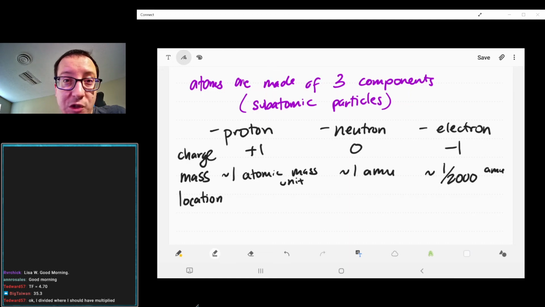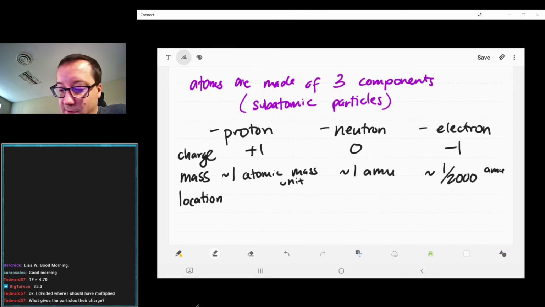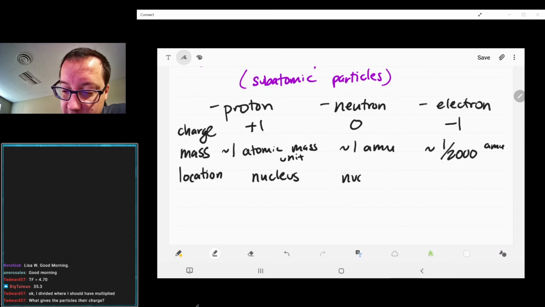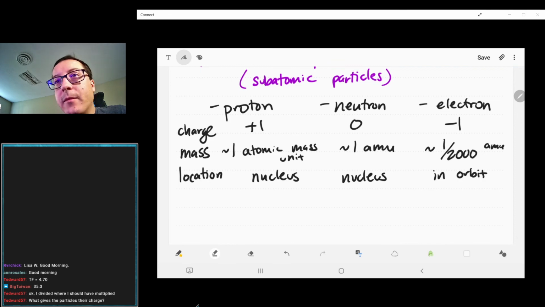So much, much smaller in terms of mass. So there we have it. And then finally, in terms of location, the protons and neutrons are going to be located in what's called the nucleus of an atom, whereas electrons are going to be orbiting the atom. Ooh, what gives them their charge?